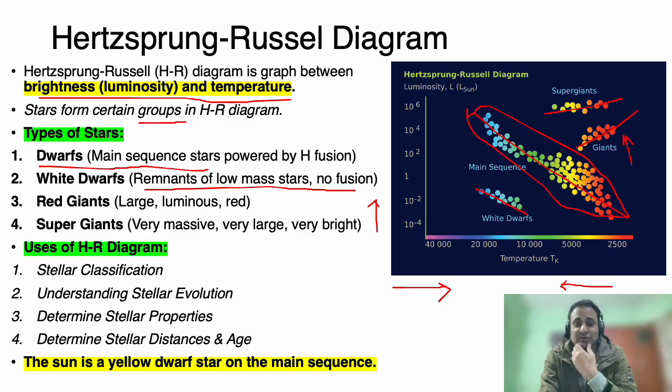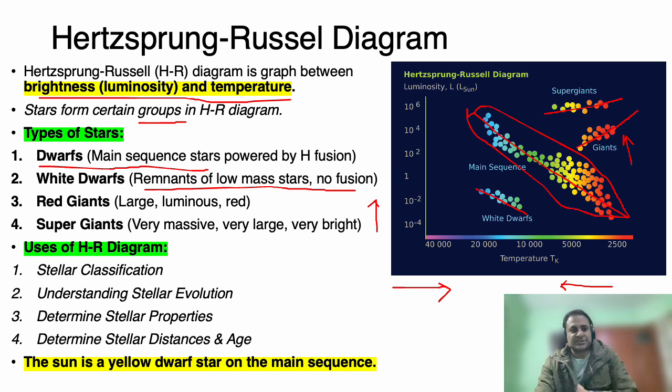It all depends on the initial mass of the star when it was formed. If all stars had the same mass when they were formed, yes, all of them would be on the main sequence at a given time. But that's not the case. You see other groups like giants, supergiants and white dwarfs because different stars had different masses when they were formed.